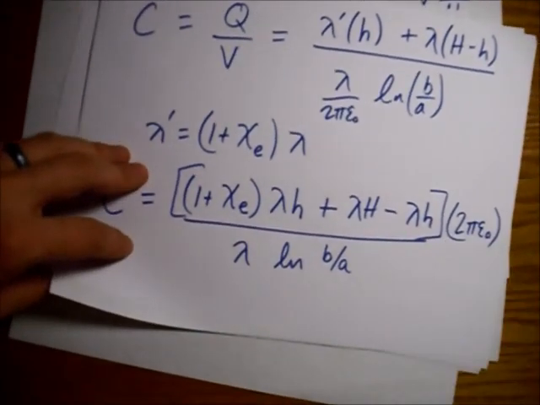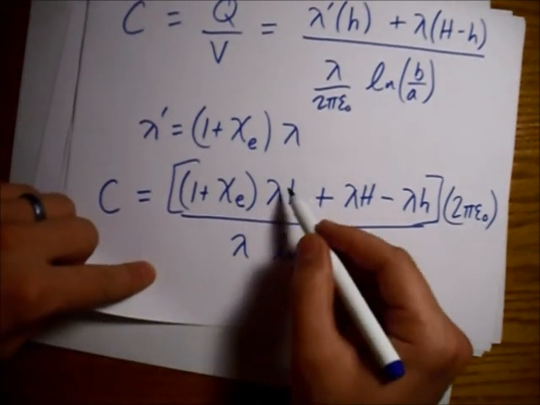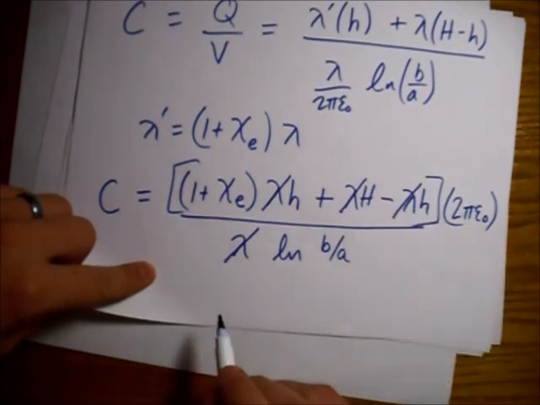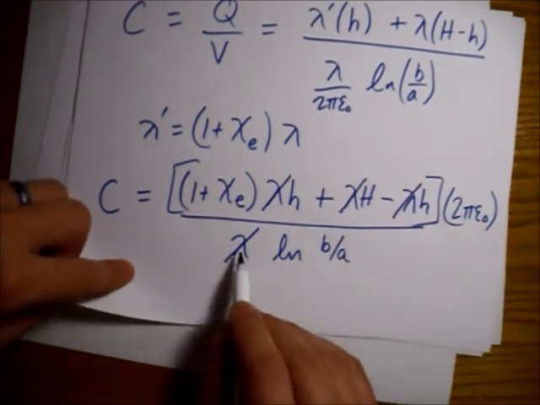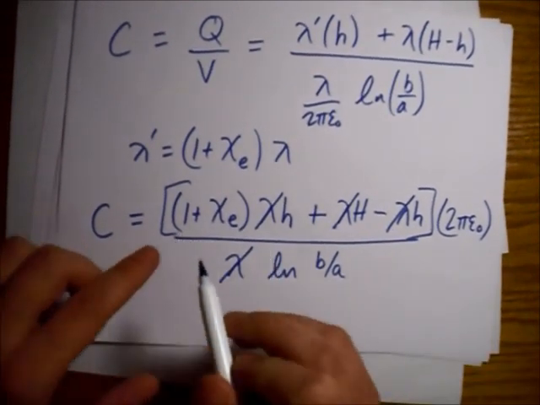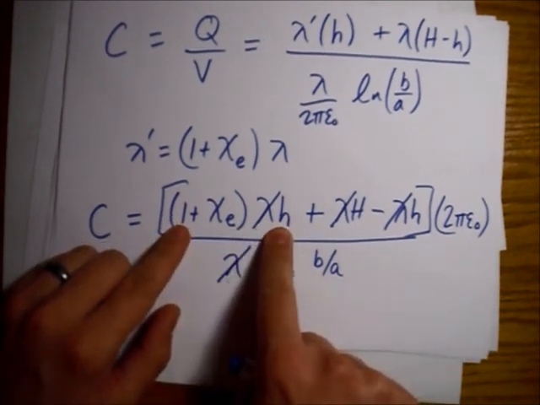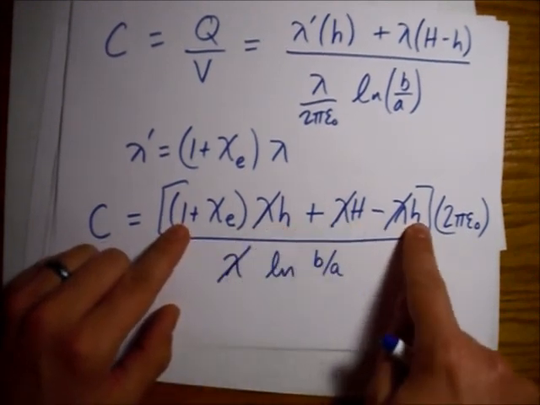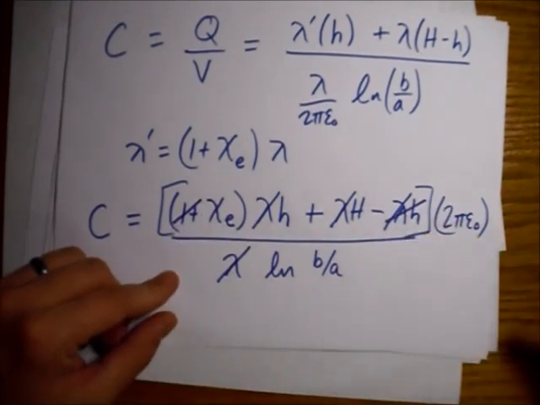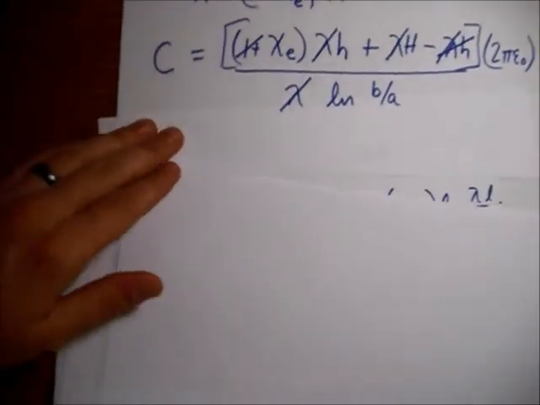All right, well, good news for us. We don't have to worry about factoring out this lambda because it will divide out with the ones here on the bottom. And what else can we do? Notice we had this 1 multiplied by this h, and then here was a minus h once the lambda is all cleared away. So I can kill this 1 and this h over here. That's a nice mess now.